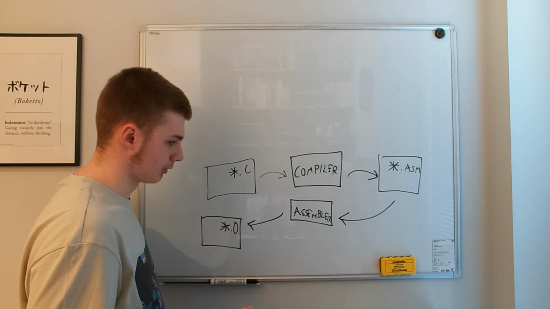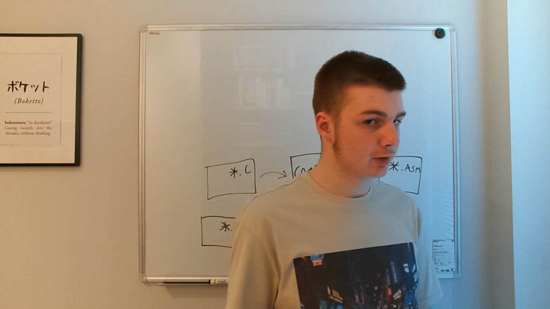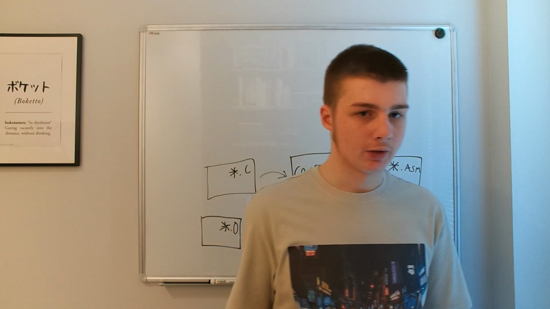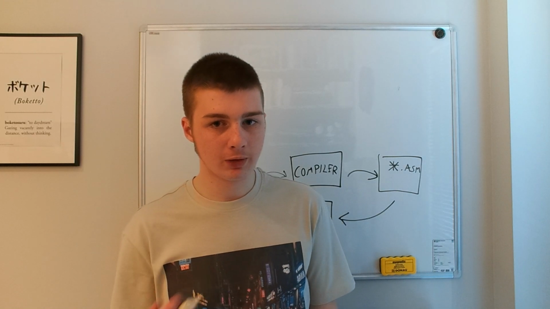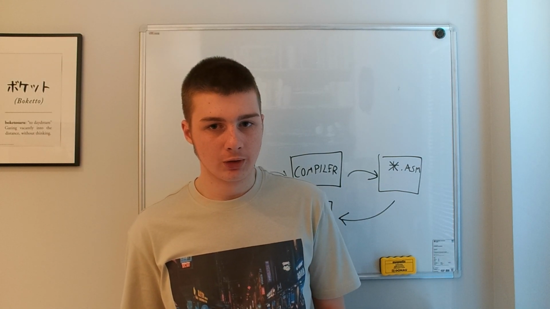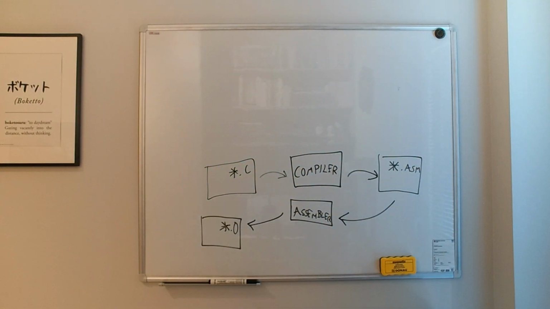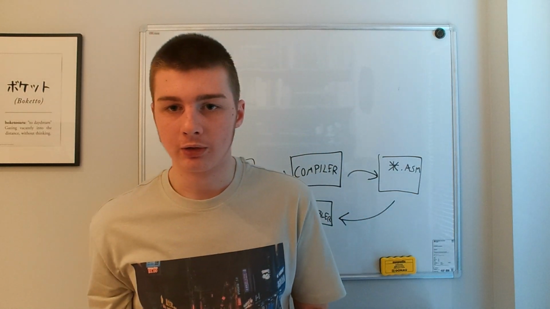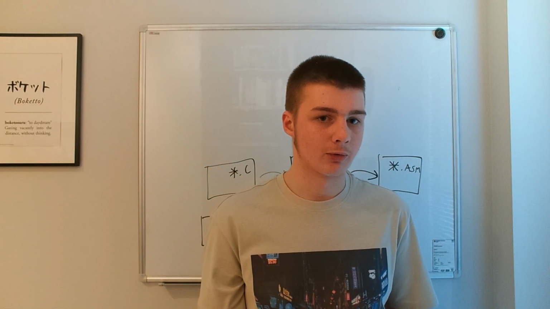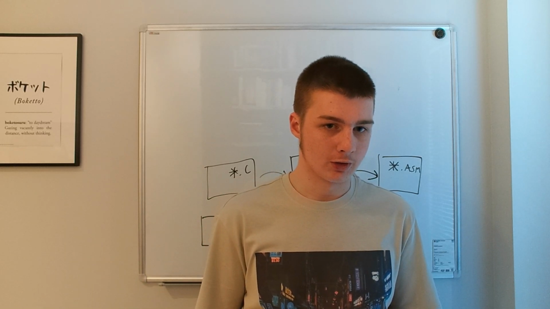So we have our object file, and an object file is very similar to an executable, except it is generally made for relocation. The idea is you can take different functionality and link it with different object files in order to get one executable.